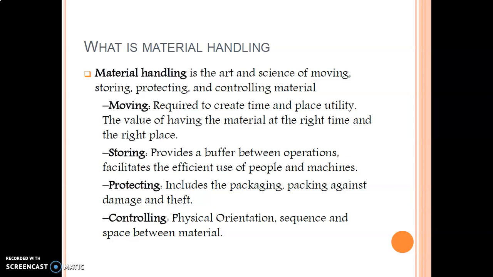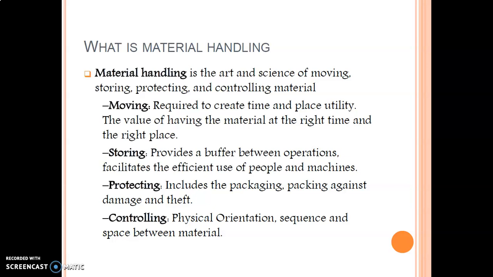Due to some environmental condition or some problem, your transportation service is not possible. At that time what will happen? You cannot complete your task within the given time. So each and every factor is considered in the material handling system, like in any situation you can run your plant.